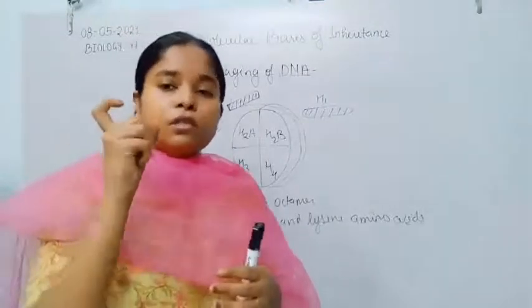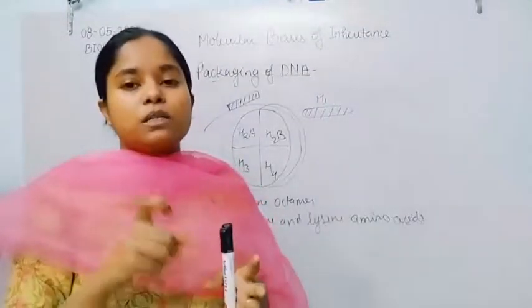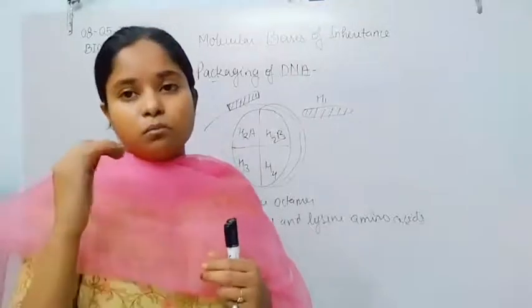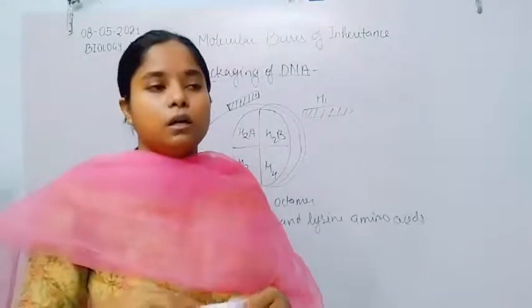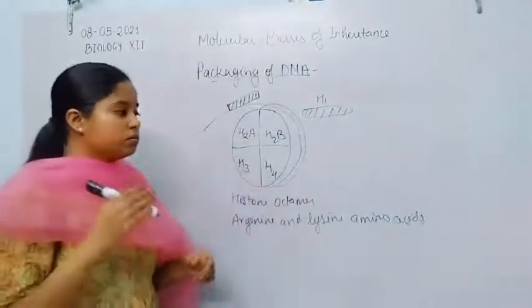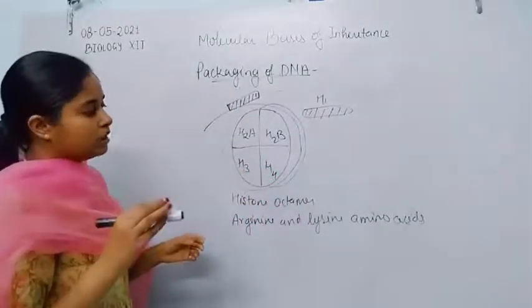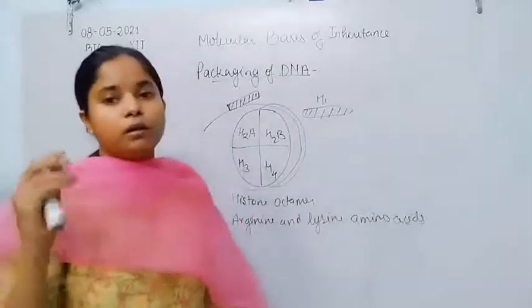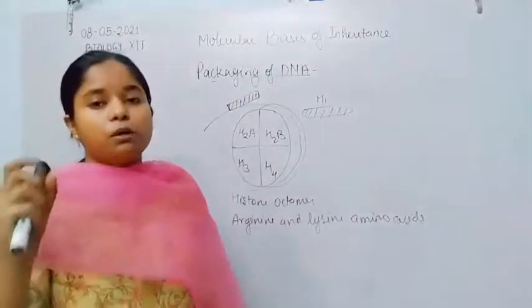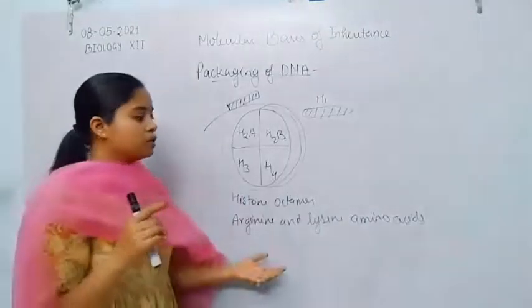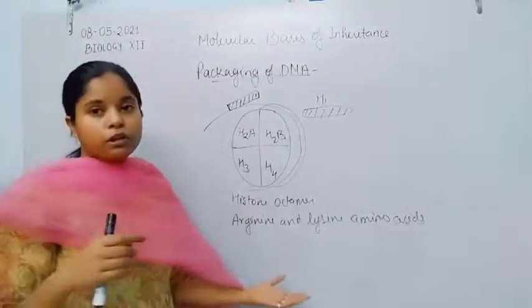So only 46 chromosomes are present in the human; a different chromosome number creates mutation, or creates improper development or abnormality in humans due to the presence of an improper number of chromosomes. That's why the packaging of DNA is important in the human.